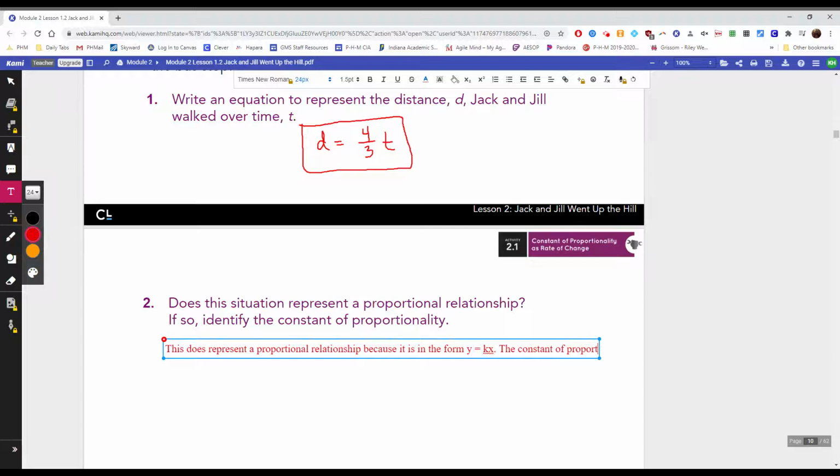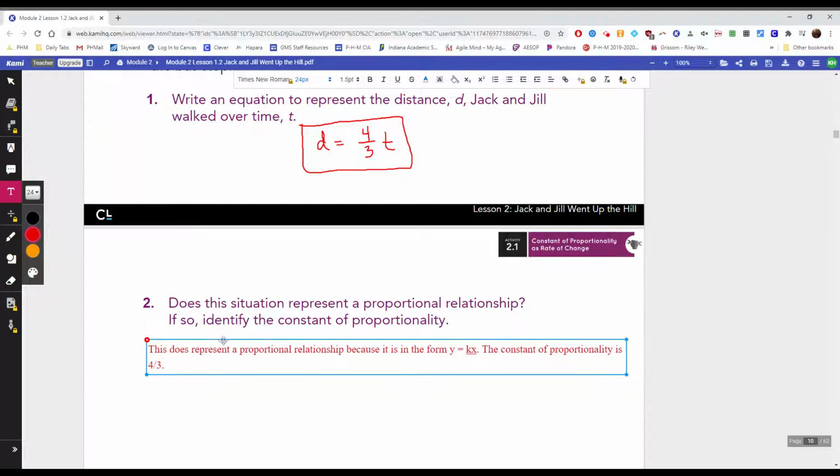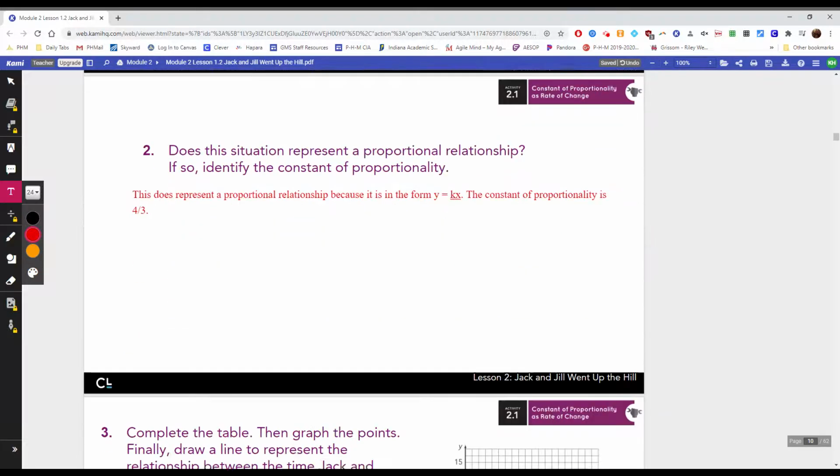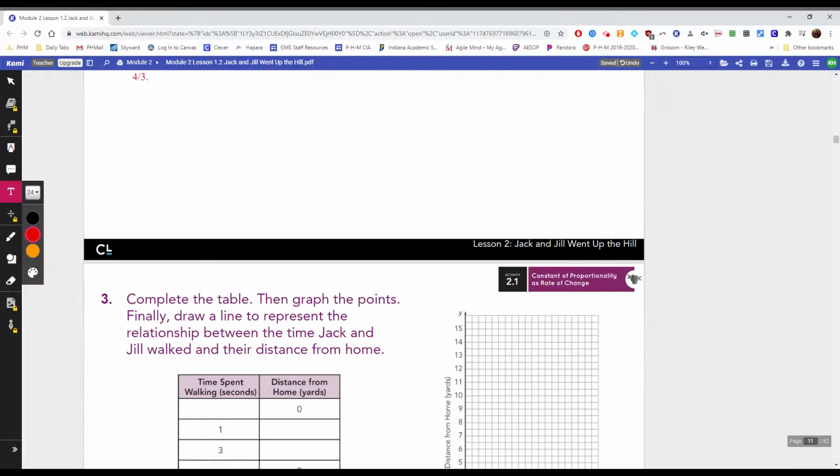Constant of proportionality is 4/3, because that's k. That's the number being multiplied by the independent variable, by x. In this case, it was t.